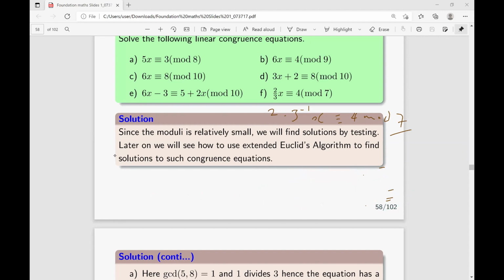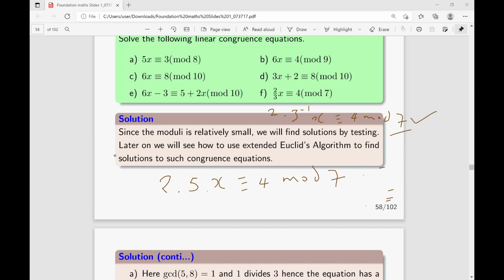So this equation here can be written as 2 times the inverse of 3 we've just found to be 5, then times x is congruent to 4 mod 7. Is that okay? Yes.